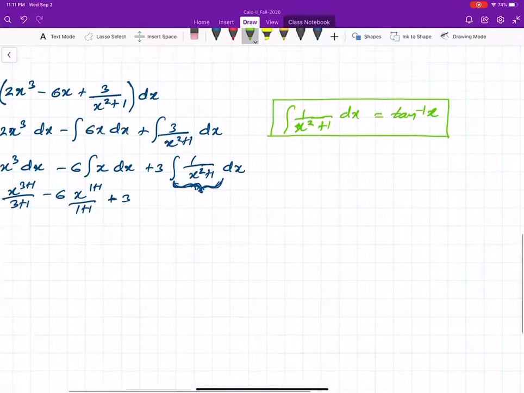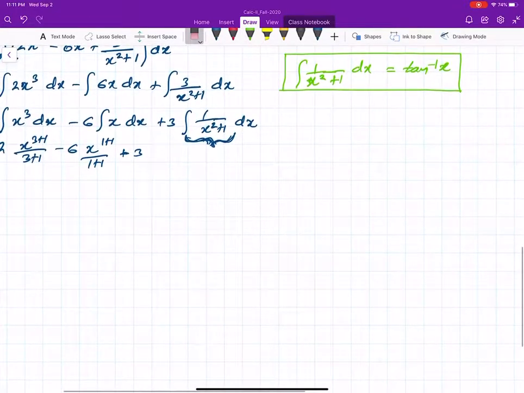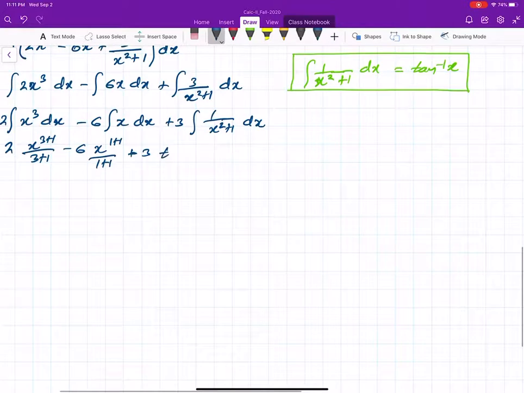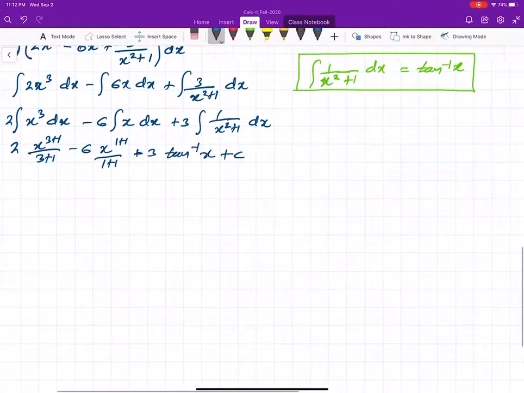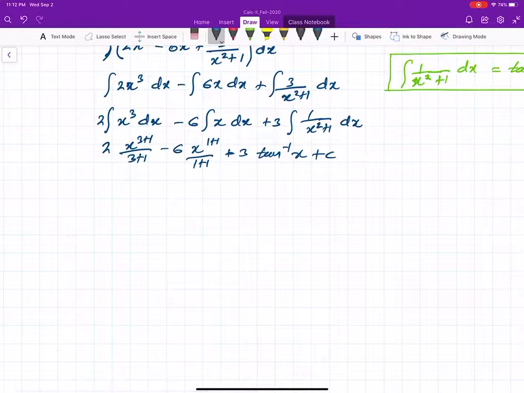You could use that formula here. Then 3 times arctan x, and then you have to put a constant. I put one constant, but actually you have 3 constants, one from here, one from there, one from there. I add all the constants and put one constant instead of 3.